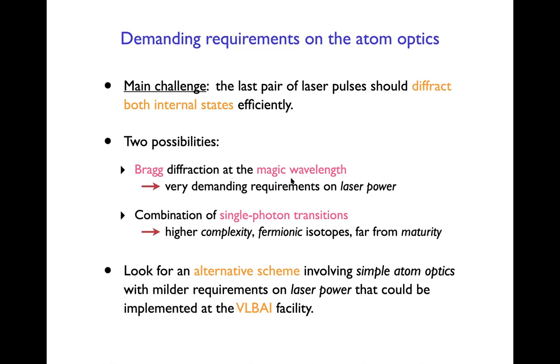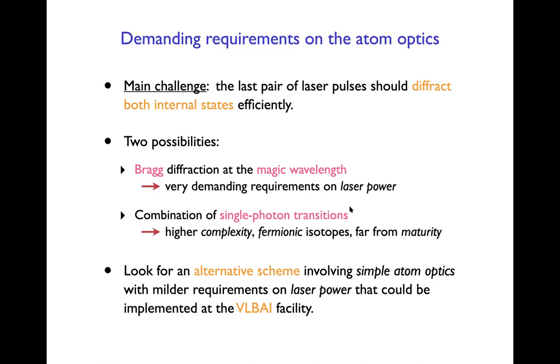But the main point is that, because this wavelength is far detuned from any transition, you need a lot of laser power to implement these diffraction gratings. So in principle you can do it, but that's a lot of laser power, which goes beyond the simple implementations that you could use right away.